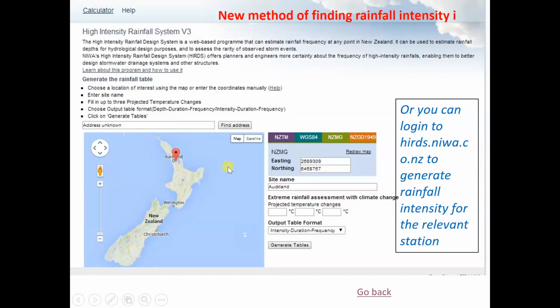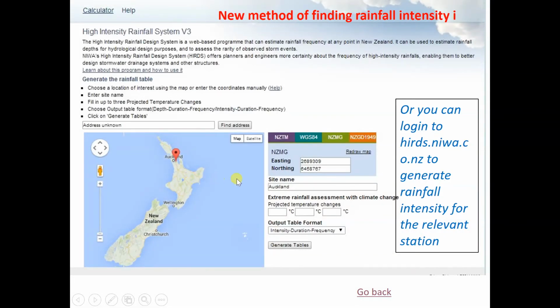Now everything is online, digital. You just need to log in to the HIRDS NIWA website, .co.nz, and you can input the easting and northing, or you can just click the area. You can zoom up and click the area, for example Auckland, or some other place, Taranaki or Wellington area, or Hawke's Bay.